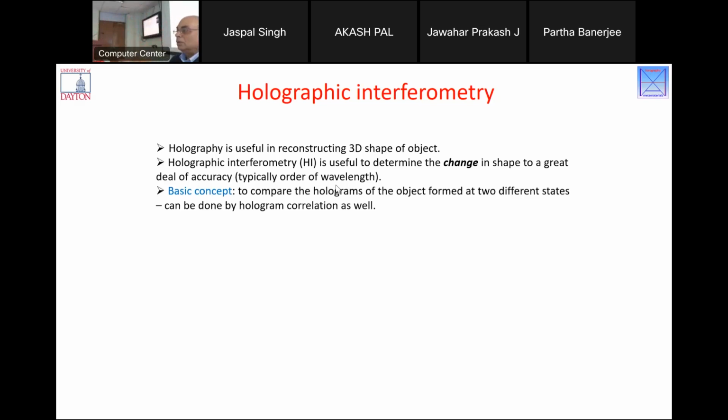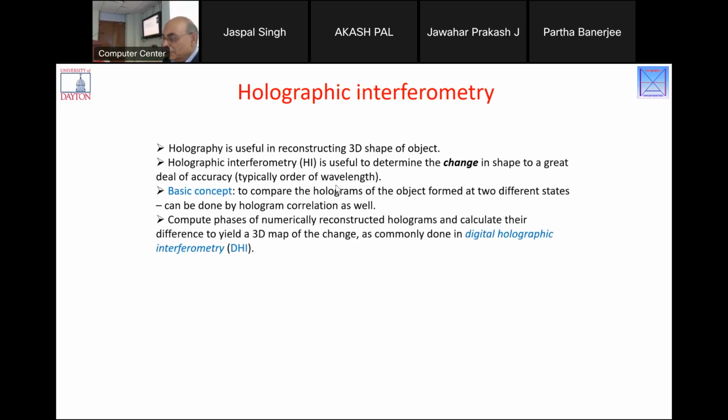When you make the hologram of the 3D object, you have a picture, and then you can compare the two pictures. If the correlation between the pictures is good, that means there is more similarity. I'll show you some examples of that later on as well, because that's a useful tool in facial recognition.